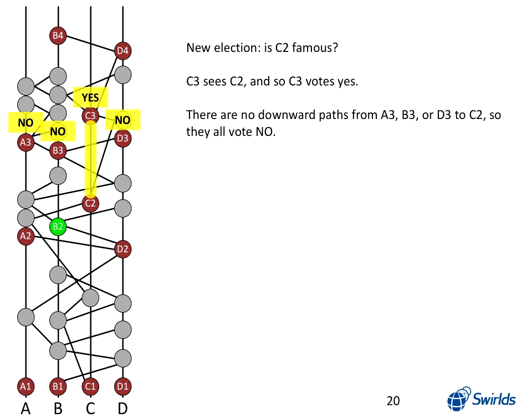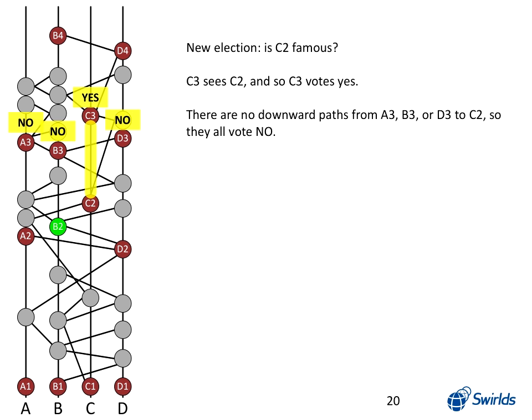For right now, let's look at C2. Since we've decided B2, let's go on and look at C2. Now in this case, you can see that C3 sees C2.